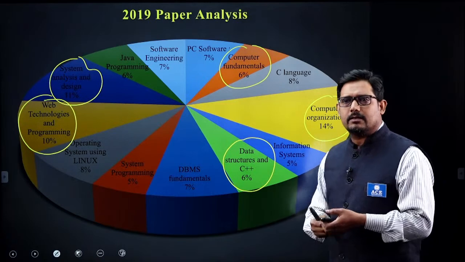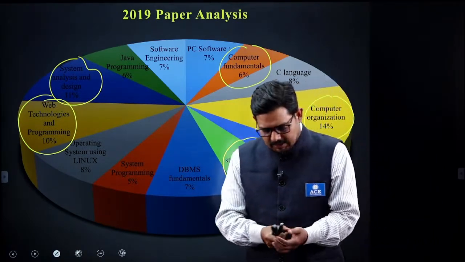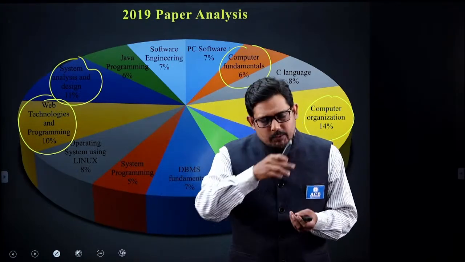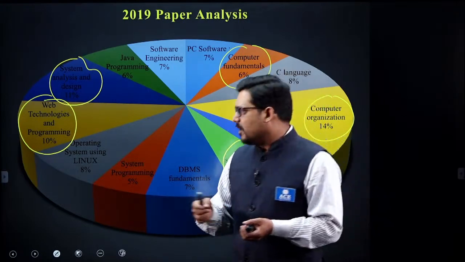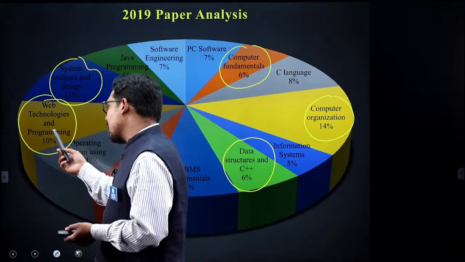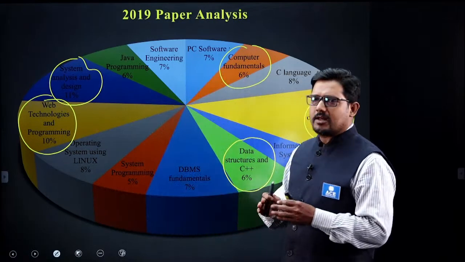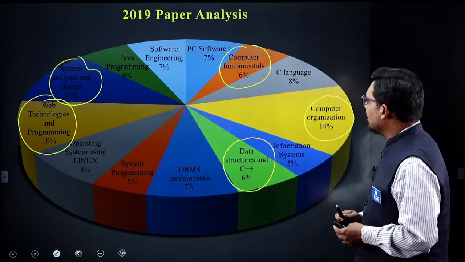I would say no, no very specific pattern can be found here, but you can say that the entire paper is evenly balanced. Maybe in some cases there can be more marks from a particular topic, but every topic has more or less been touched and covered with the same amount.